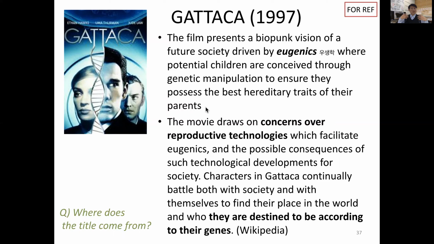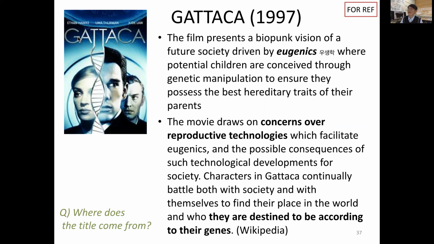What if in the future we can manipulate the genes of our progeny, and maybe very rich people can create clone humans, so when they have problems with their liver or heart, they may want to replace them from these clone humans. This raises concerns over reproductive technology. Of course we don't know whether this will happen in the future, but it gives us a good idea of how genetic engineering can influence our human race.